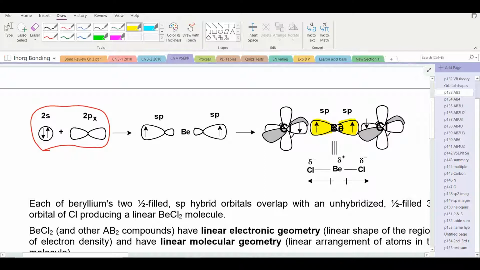And they're going to overlap with the pz orbital of chlorine, one on the left, one on the right. Now the half-filled pz orbital of the halogens is generally considered to be adequate for forming single bonds. Therefore, we do not postulate hybridization of the halogens to form single bonds.